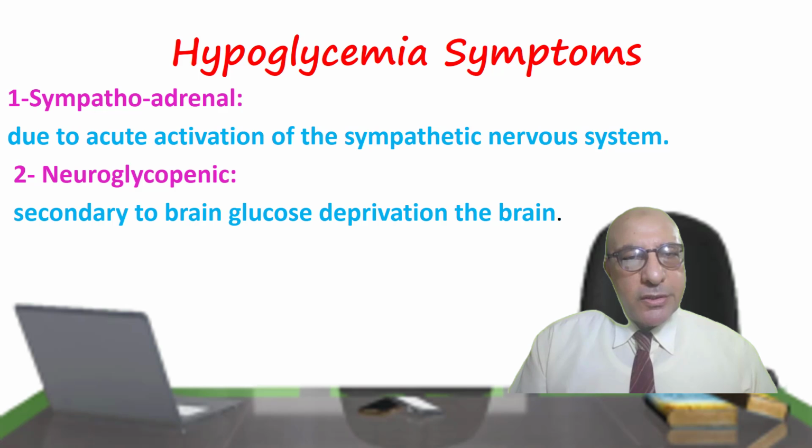The first we call the sympathoadrenal symptoms, resulting from acute activation of the sympathetic nervous system with the onset of the hypoglycemia. And the other type we call neuroglycopenic, which results from a decrease of glucose supply to the brain, resulting in malfunction.